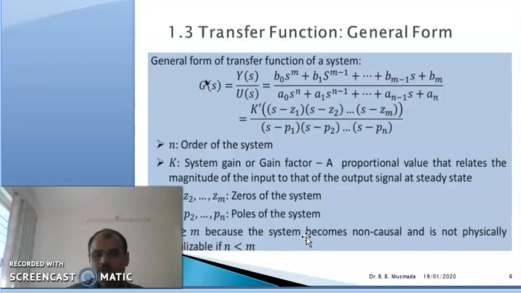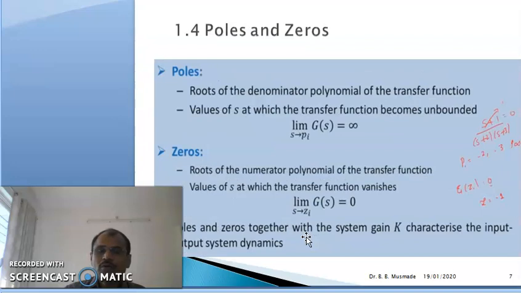Now another thing: why is this name pole or zero given for those elements? Typically the poles are nothing but the roots of the denominator polynomial, and we have n number of poles in the last expression. If you put the value of a pole in the system transfer function, then the system transfer function becomes infinity, that is unbounded.